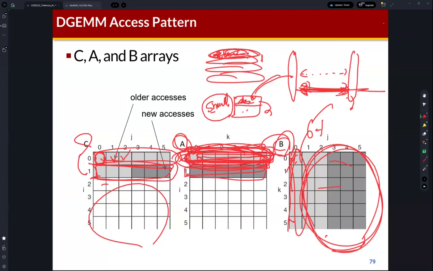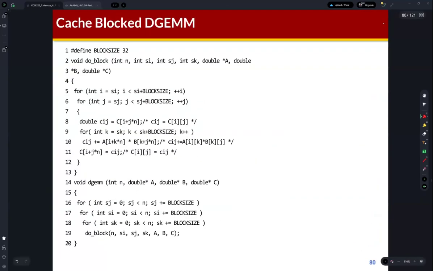How can you solve this problem? We cannot adjust the cache because the cache is hardware. We can adjust the size of the problem. Blocked matrix multiplication.